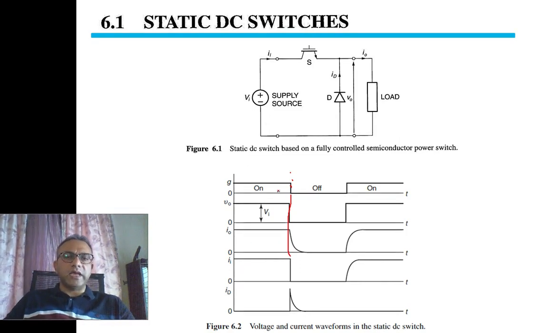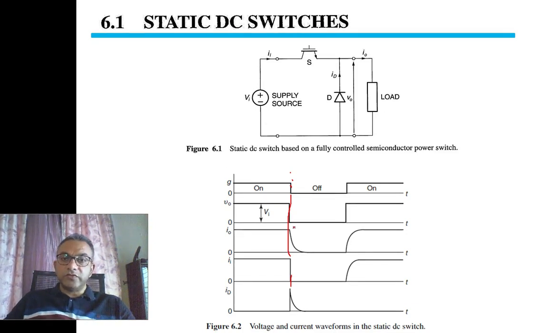So we can see that as long as the switch is turned on, the source supplies the input current equal to the load current also. But when we turn off the switch, the input current suddenly reduces to 0, because at this time the switch is now open. The current cannot enter into the load.